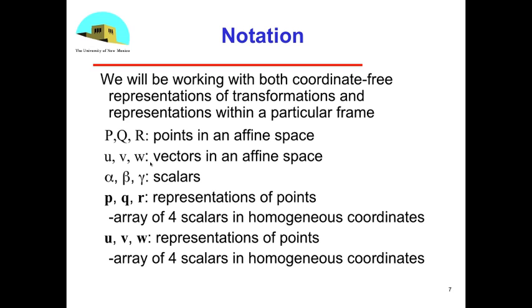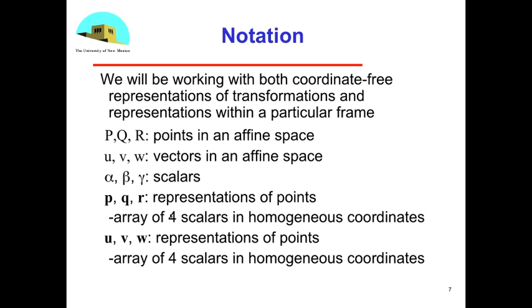The same with vectors, I'll use lowercase but non-bold letters. Scalars will just be Greek letters. Now, if I'm talking about representations, then points will be bold-faced Roman characters P, Q, R, so I can distinguish them from their abstract form without representation. And likewise, I'll use bold for the representation of points.